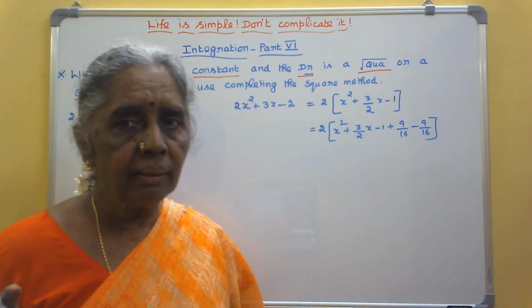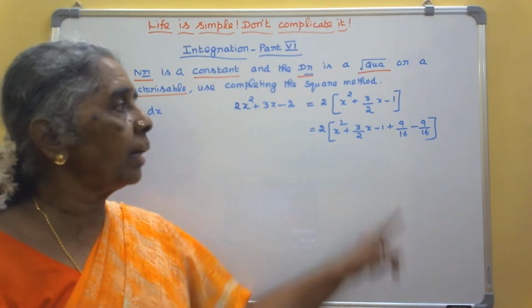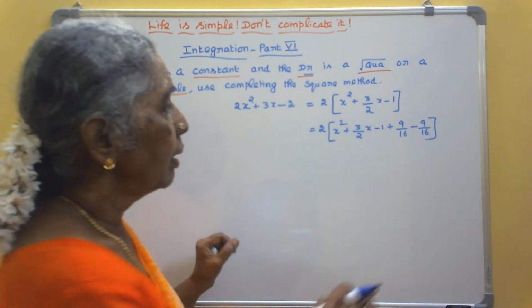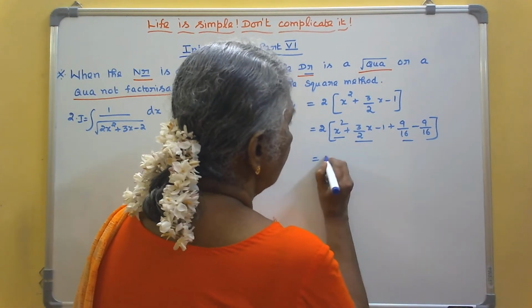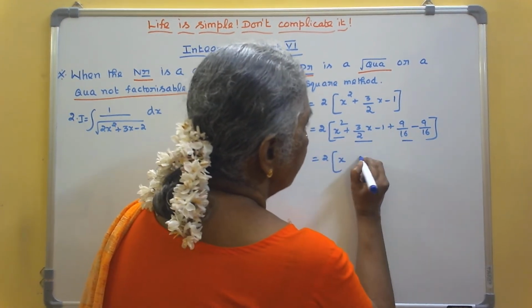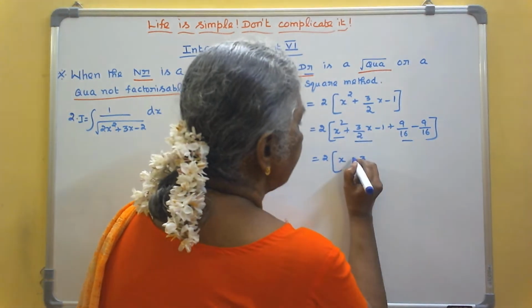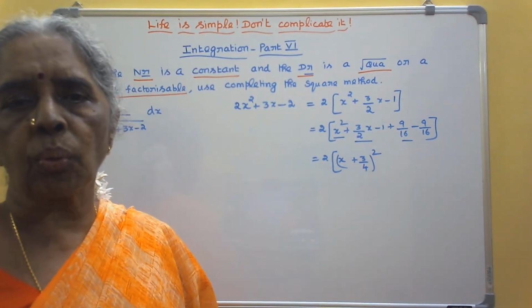Do you understand? I have divided the coefficient by 2, then I have squared, and I have added and subtracted. Now, you know you have to take this term and this one, right? 2. The root of this is x, that is 3 by 4, this is plus. So, x plus 3 by 4, the whole square.